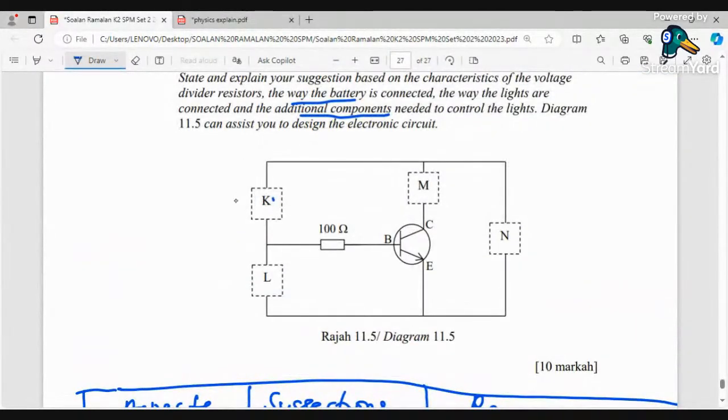Okay, kalau kita lukiskan, ini ialah R, ini ialah LDR, ini ialah switch and then we have secondary circuit here that have a high voltage lamp, maybe 240 volt power supply, and then we have this ini ialah NPN, so ini mesti positif.